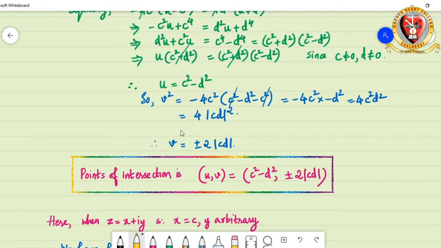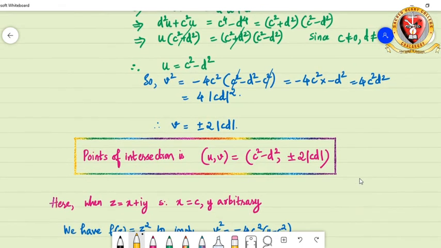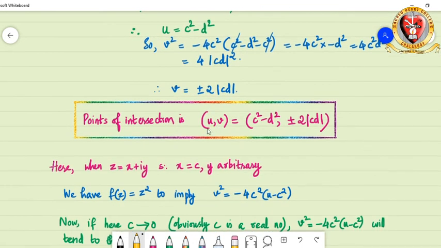So here v is equal to plus or minus 2 into modulus of cd. So the point of intersection of the two parabolas we end up with is the ordered pair uv, which is equal to c square minus d square, comma plus or minus 2 into modulus of cd. That means you have 2 points of intersection for these two parabolas.